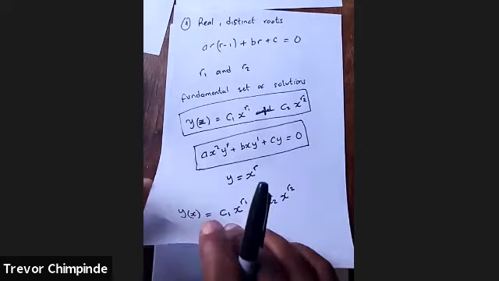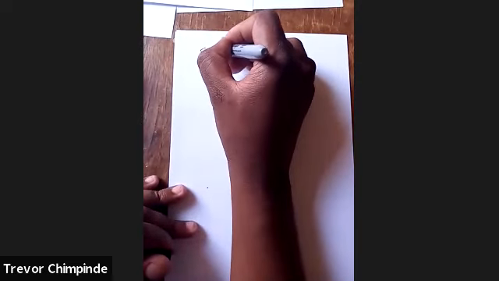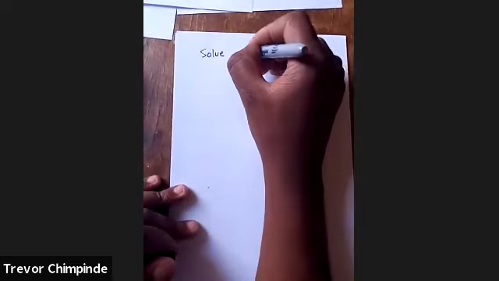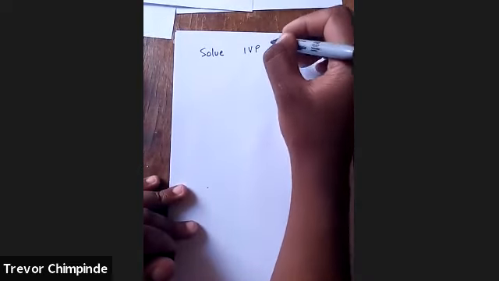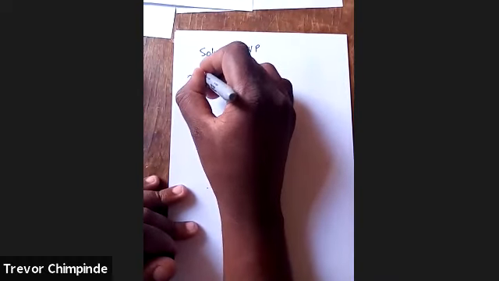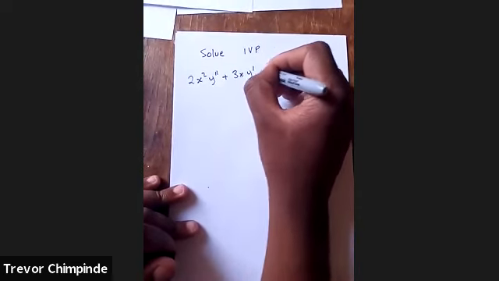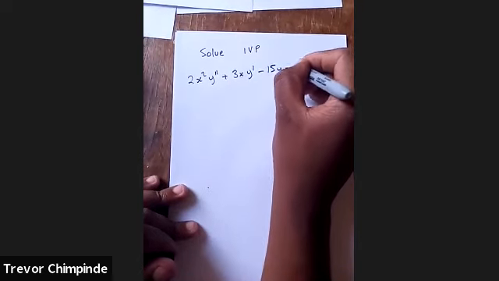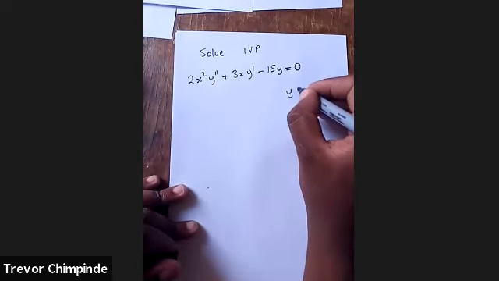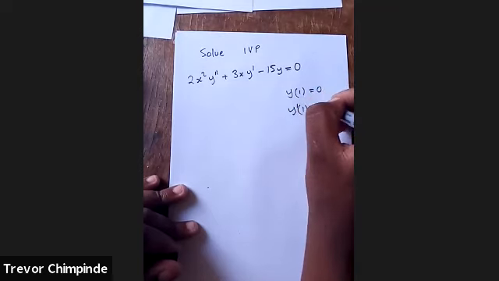So let's do an example on this so that we don't lose track. This example is again in the notes. You're told to solve this IVP, standing for initial value problem, so you're given initial conditions. It's 2x squared y double prime plus 3x y prime minus 15y is equal to 0, and your initial conditions are that y of 1 is equal to 0 and y prime of 1 is equal to 1.